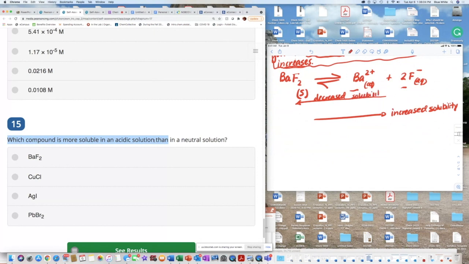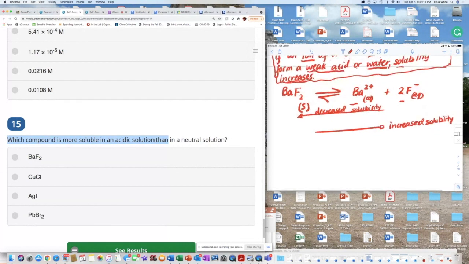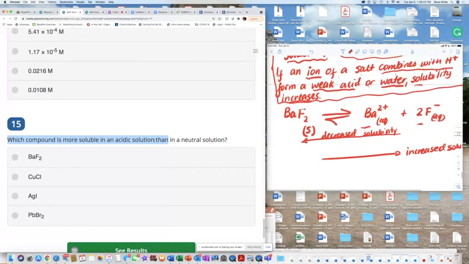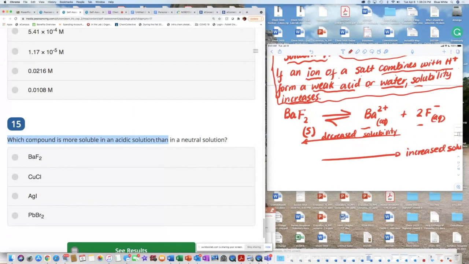If you are a memorizer, your brain has the ability to take a picture of this, and if you're one of those, what's it called? You have those photographic memories. You can take a picture of this and remember it. My brain doesn't work like that. My brain is like, what? No, logic. So I'm gonna explain it the way it makes sense to me. You see, the left side is the only one that has a solid. The side that is solid also has decreased solubility.